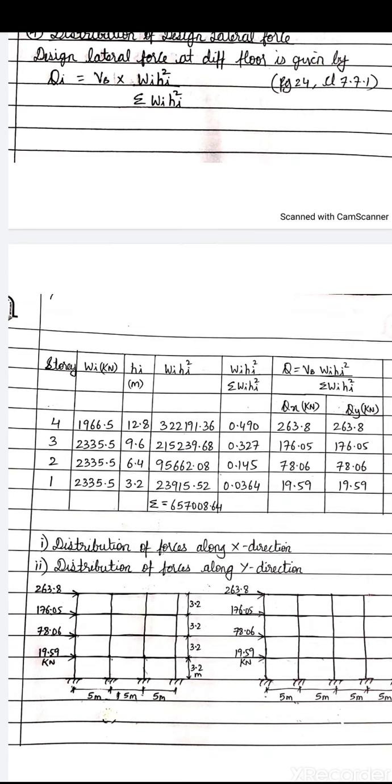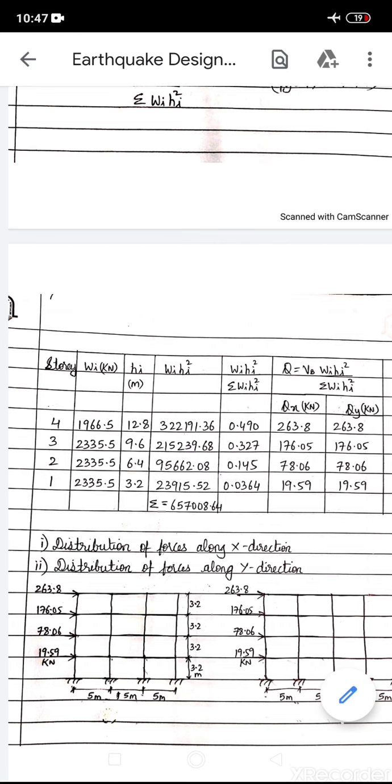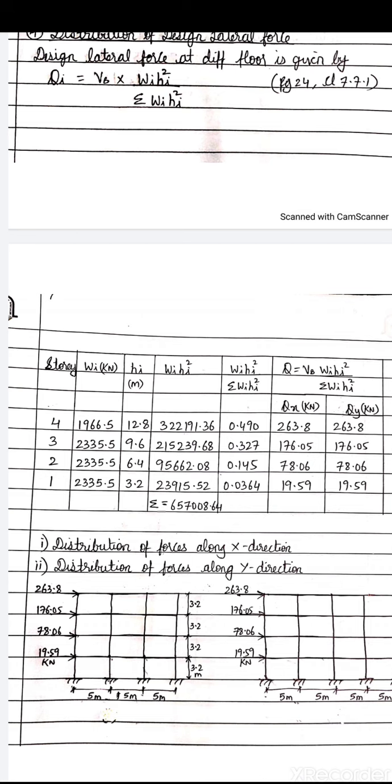So now let us see how these values came. For the roof floor, we know that the seismic weight is 1966.5 and the height is 12.8 from the base. So Wi into Hi square is 1966.5 into 12.8 the whole square, and you will get this value, that is 322,191.36.